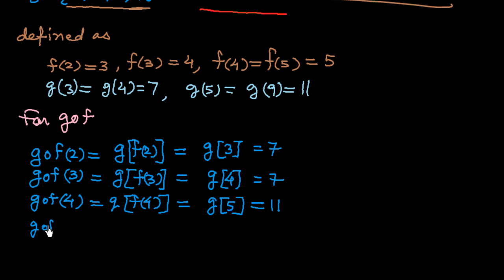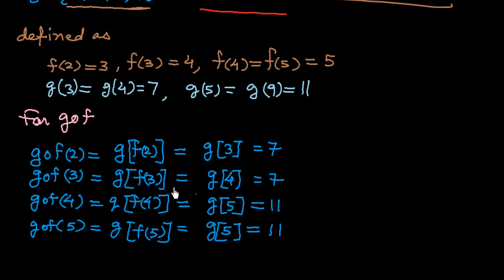Now (g∘f)(5), which is g of f of 5, and f of 5 is 5, so g of 5 is again 11. So if the domain is 2, 3, 4, 5, then the range is 7, 7, 11, 11. So we get g of f.